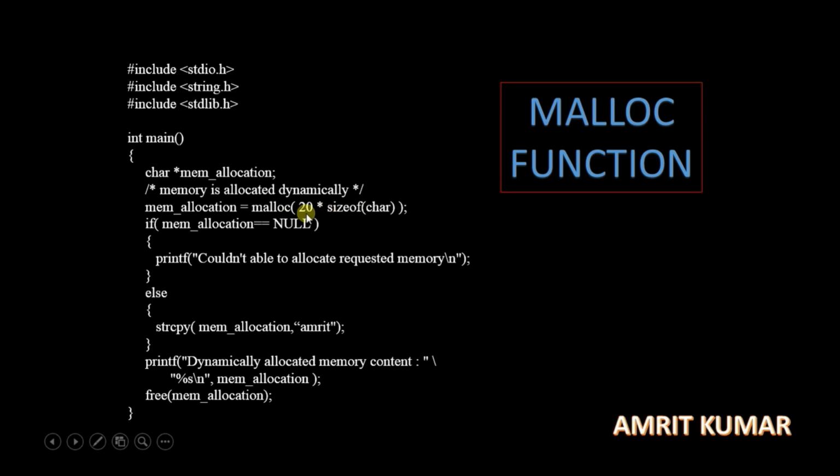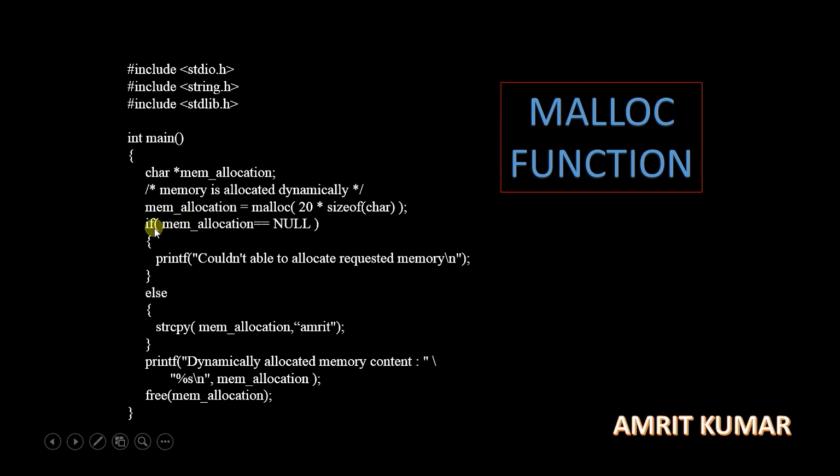In this case, 20 multiplied with the size of character, and we know the size of character is 1 byte, therefore 20 bytes of memory space is going to be allocated in the mem_allocation pointer variable, and this is all happening during the execution of the program.